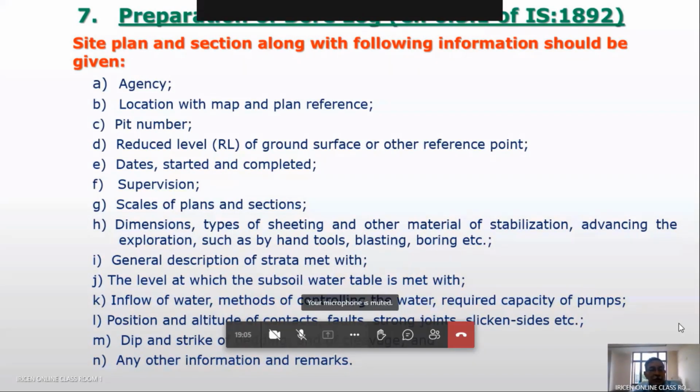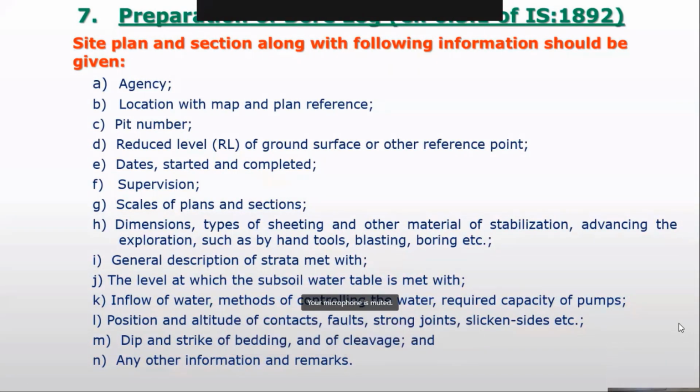So you must refer to a geologist. Dip and strike of bedding and of cleavage, same thing as I have mentioned earlier. Any other information and remarks.